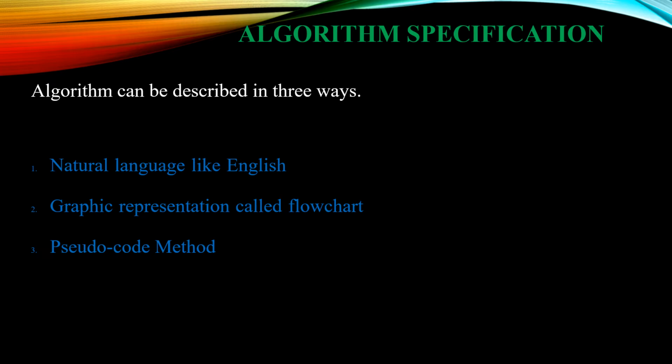In this method, we typically describe the algorithm as a program which resembles Pascal and Algol format. This we call the pseudocode method. So an algorithm can be described in three ways.